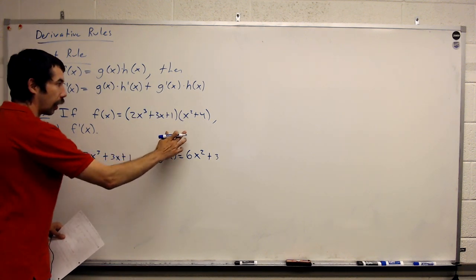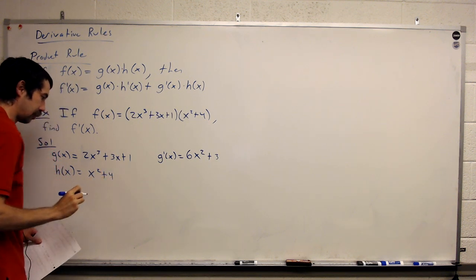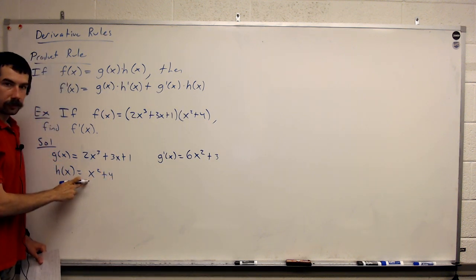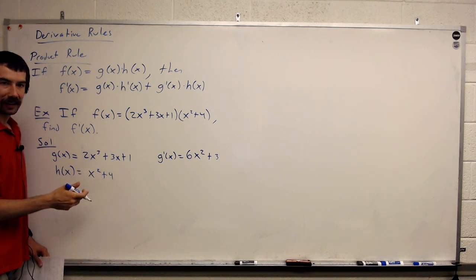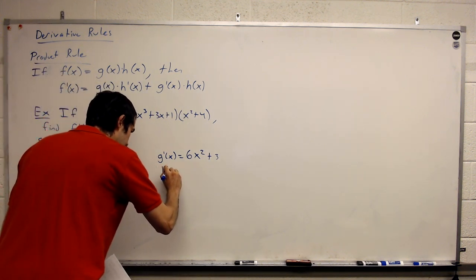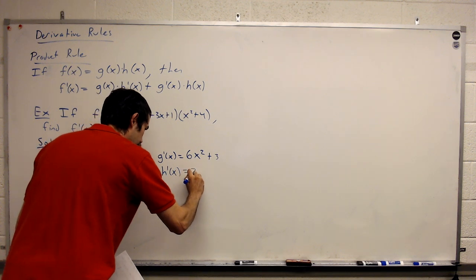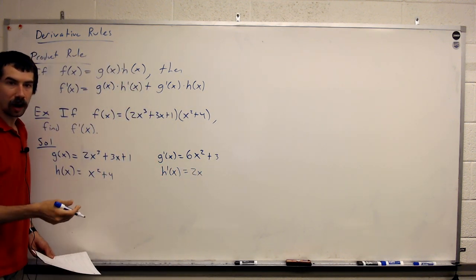Oops. H is x squared plus 4, so sorry about that. And what's the derivative of x squared plus 4? It's 2x. All right, so we've done the hard part.